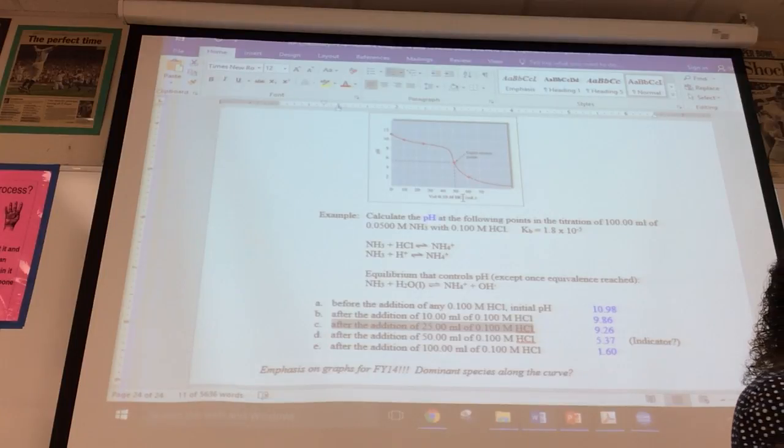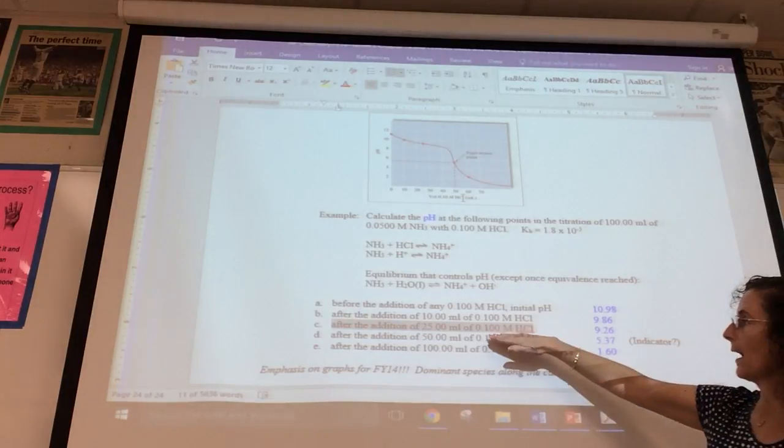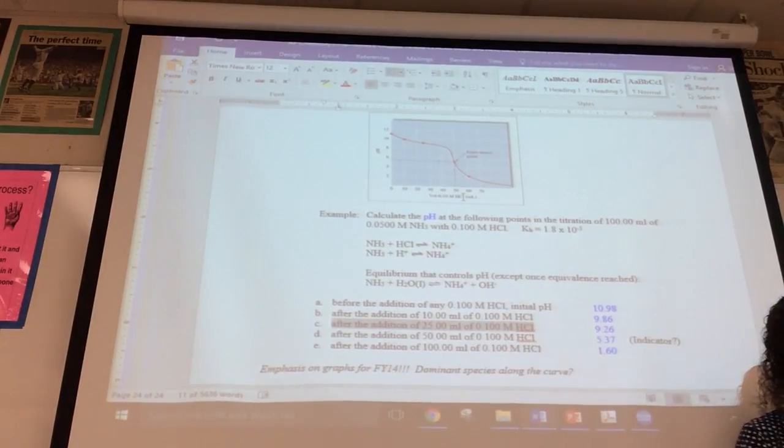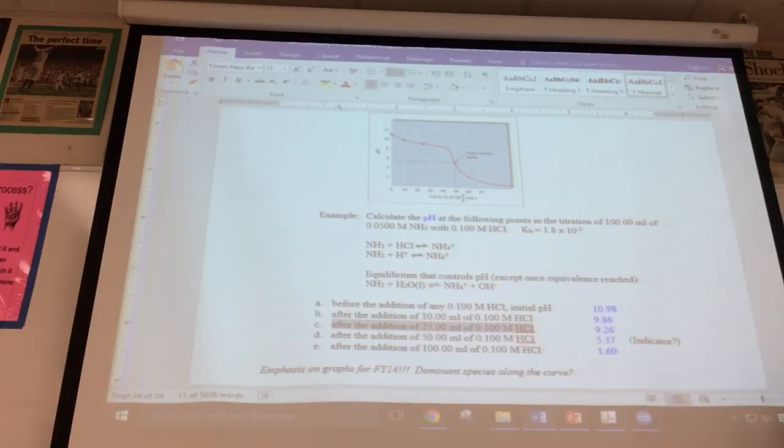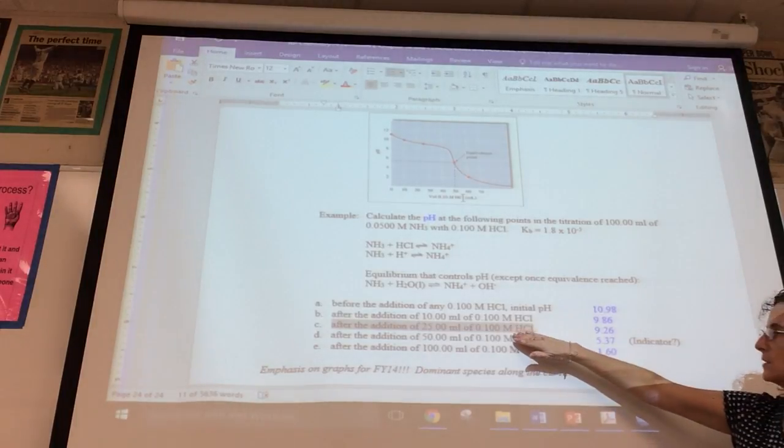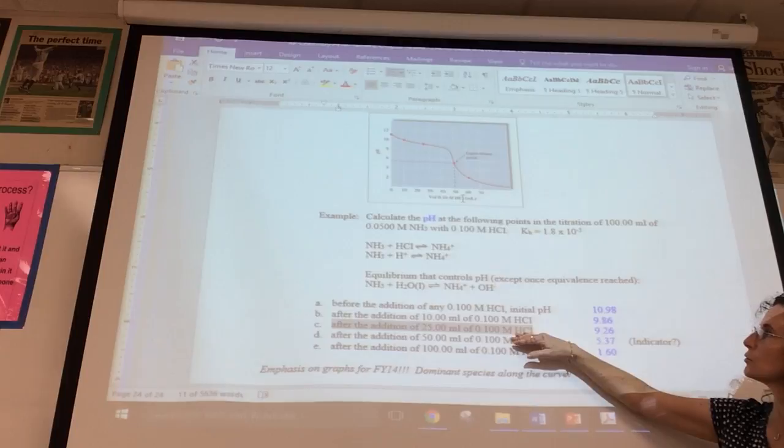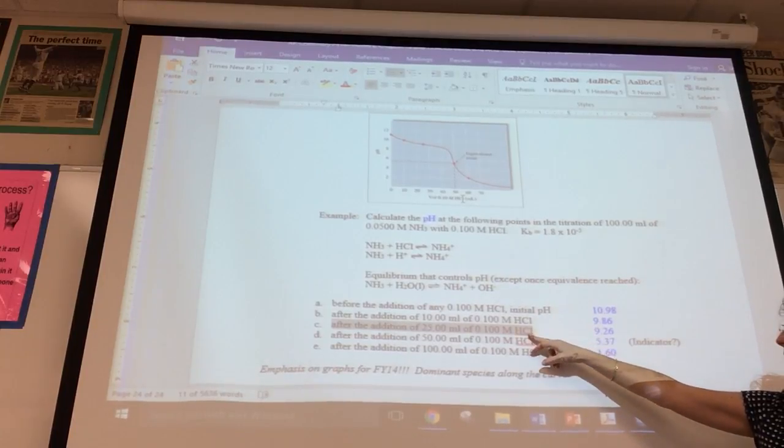But at the half equivalence point, you need half as much of that, correct? So how do you know this is the half equivalence point? Because you have 2.5 millimoles, half as many millimoles of strong acid as you do of weak base. So this is the half equivalence point.